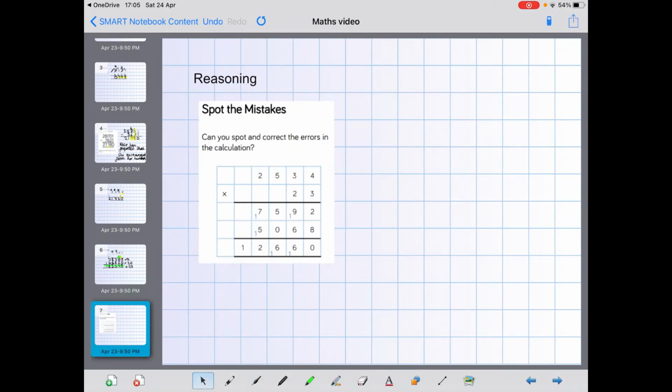Now moving on to our reasoning question. It is another spot the mistake. It is important that the children are able to spot any mistakes that have been made. So again, in this case, we would expect them to complete the calculation and note any mistakes that have been made.